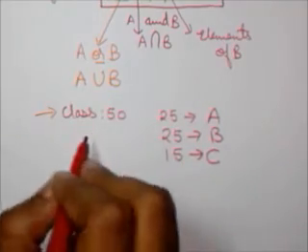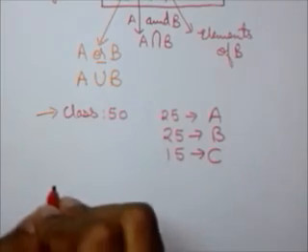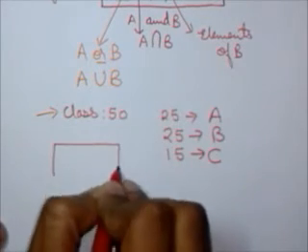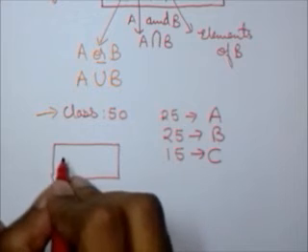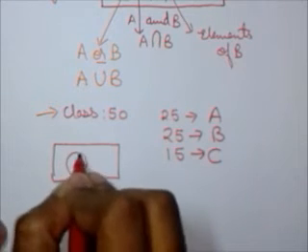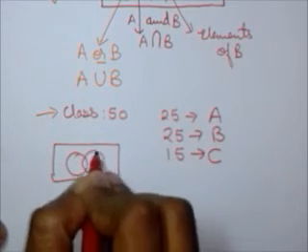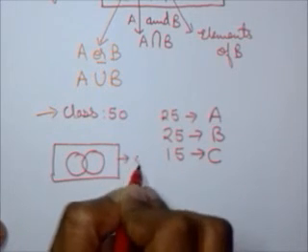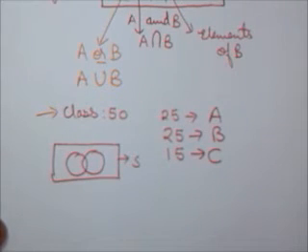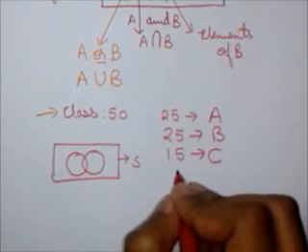Now the sample space is 50. Let's draw the Venn diagram for this. This is set A, this is set B, this is the sample space. Sample space is 50.